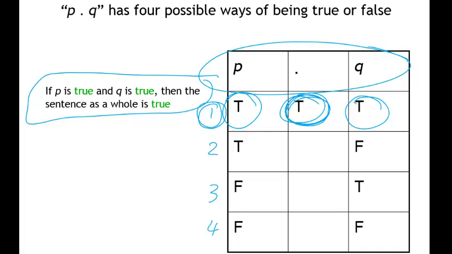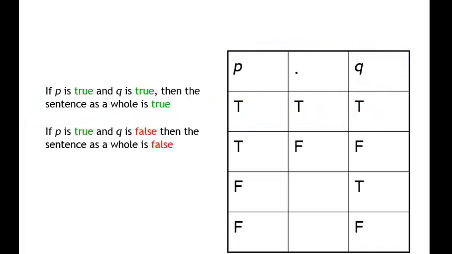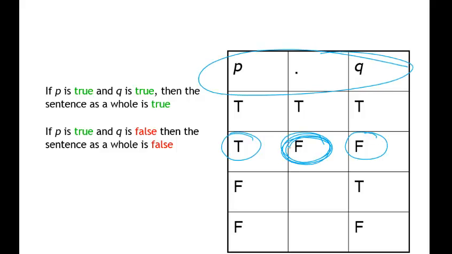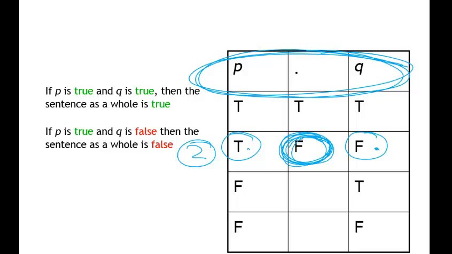Let's take a look at case 2. Here in case 2, we've got P is true and Q is false. This is going to be a case where the sentence as a whole is false. So in case 2, when P is true and Q is false, we say that P and Q, the conjunction, is false. So the conjunction is false when one of the conjuncts is true and the other conjunct is false.